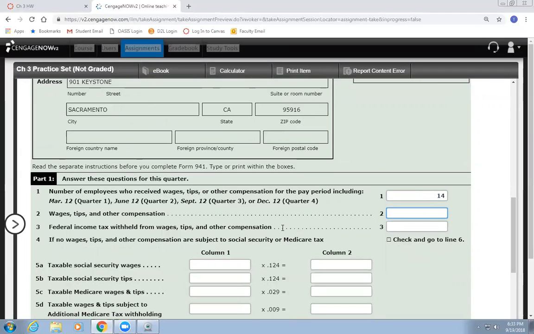They told us in our second bullet point that our wages paid in the third quarter were $79,750.17. And the federal income tax that was withheld in the third quarter was $9,570. We haven't learned how to calculate that yet. They're just giving us that information.